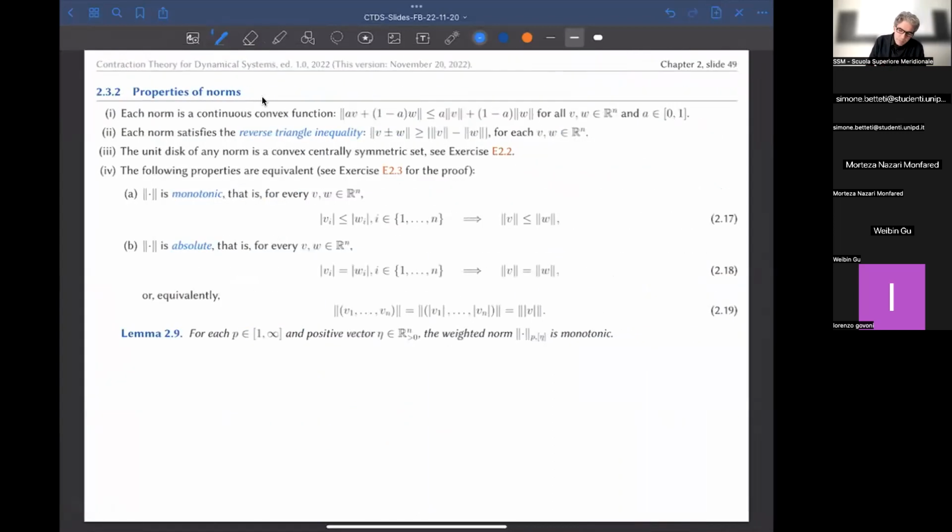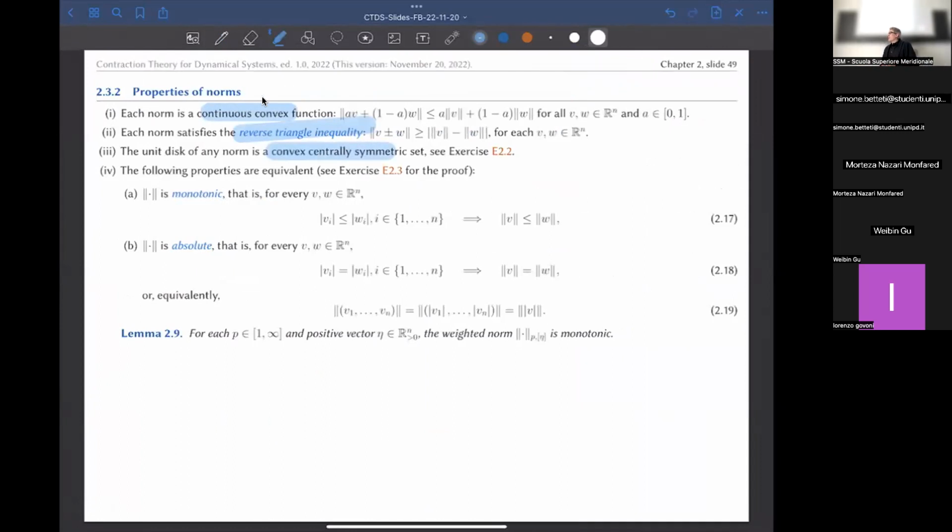Now, you should know that norms are convex and continuous always. Norms satisfy the reverse triangle inequality. The unit disk is a convex and centrally symmetric set always. And then especially interesting are norms that have certain properties.